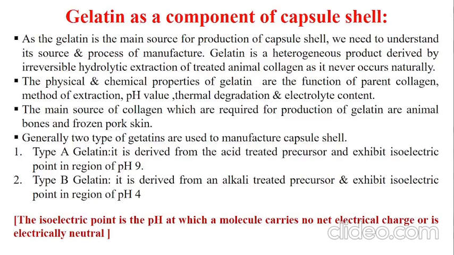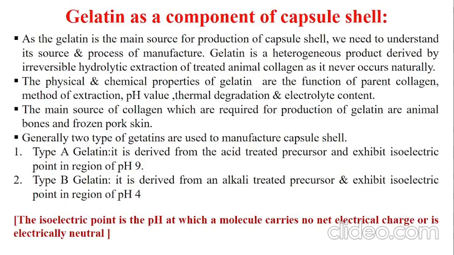By acidification we obtain gelatin that is called type A gelatin, or sometimes pharma gel A. Similarly, the gelatin obtained from the basification, alkali treatment, we call type B gelatin or pharma gel B.